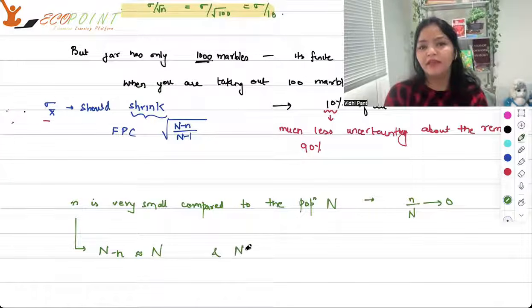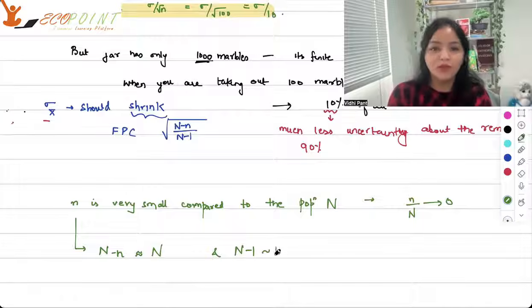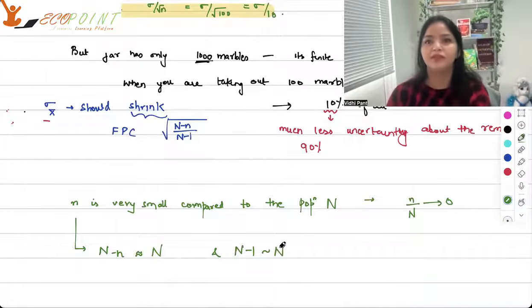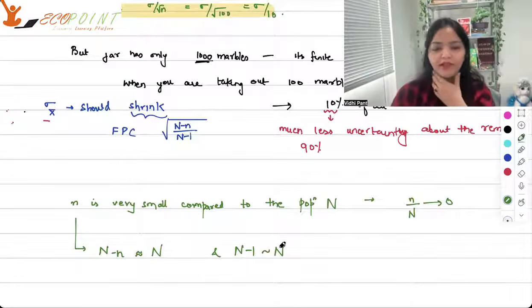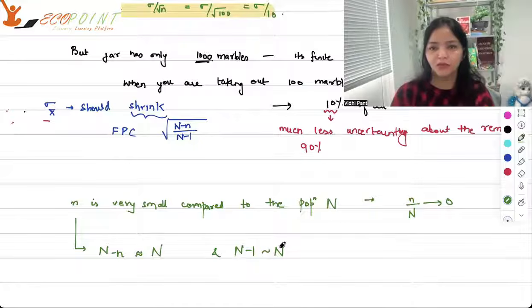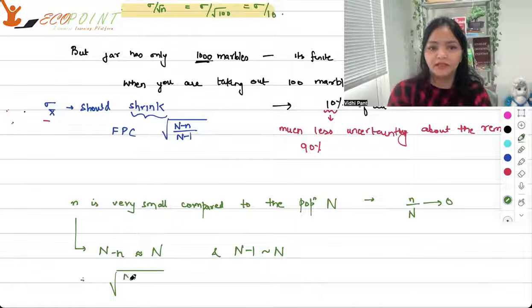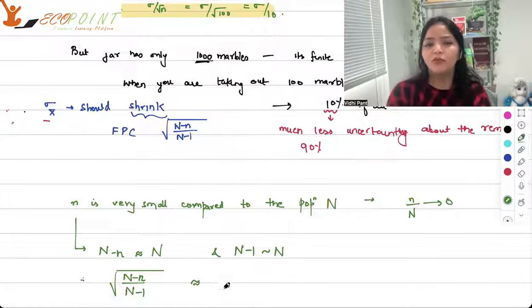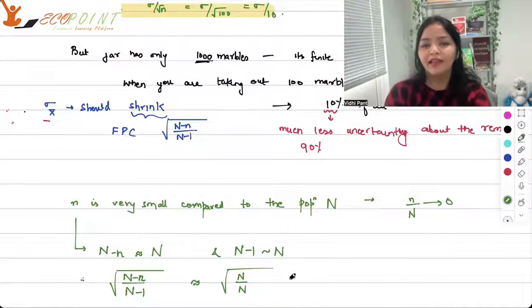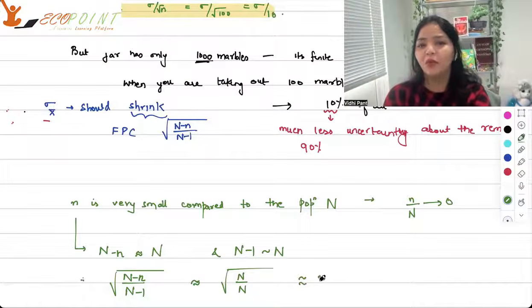And N minus 1 would also be almost N only, because you're just taking 1 out of N, right? So that is in any case almost equal to capital N only. Therefore, if you look at this correction, (N minus n) upon (N minus 1), isn't it almost the same as N upon N, that is 1?